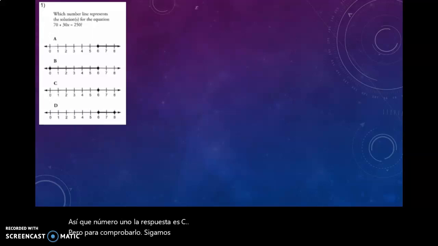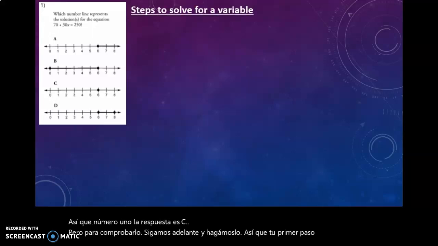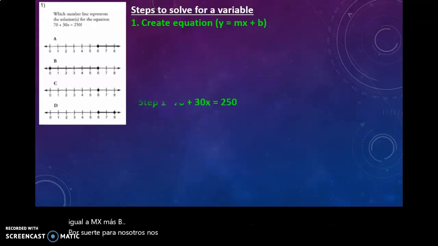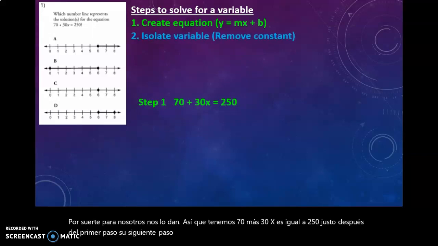Your first step, as always, is in order to solve for a variable, you need to create an equation. Lucky for us, they give it to us: 70 plus 30x equals 250. Your next step is you always isolate your variable. This means to remove our constant, so you're always doing the opposite operation.